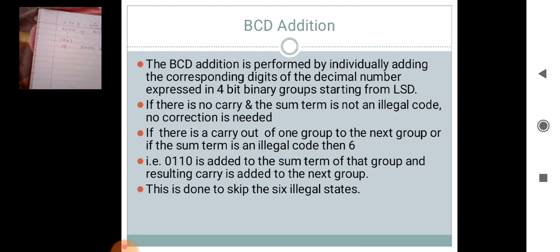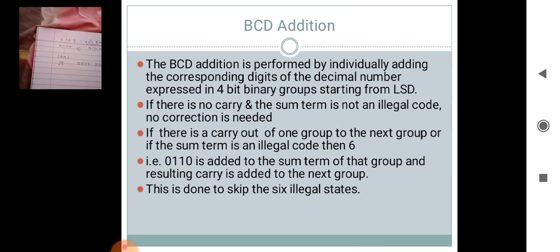We have to convert the number into 4-bit binary. Then the second rule: after that we apply the binary addition rule. After addition, if the sum is equal to or less than 9, then it is considered a valid BCD number.